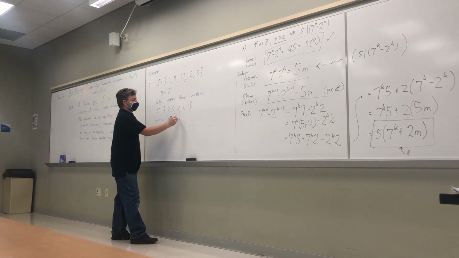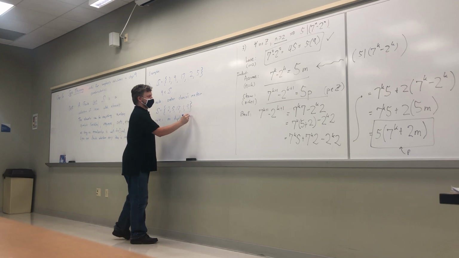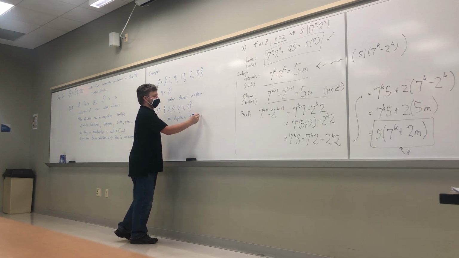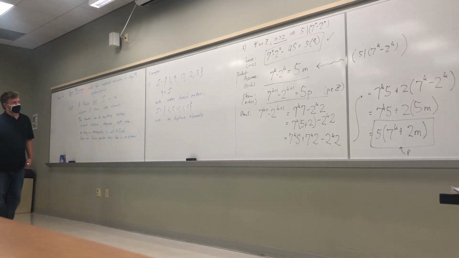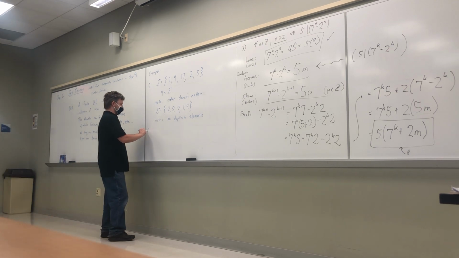No duplicate elements in the set. We'll do multi-sets next, because sometimes you do want duplicate elements for computer programming applications, but for a regular set, there's no duplicates. So here's some more examples.